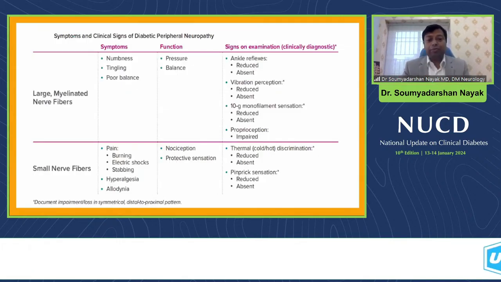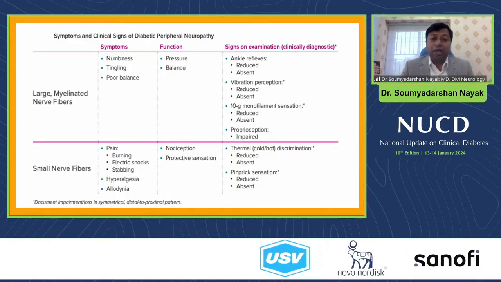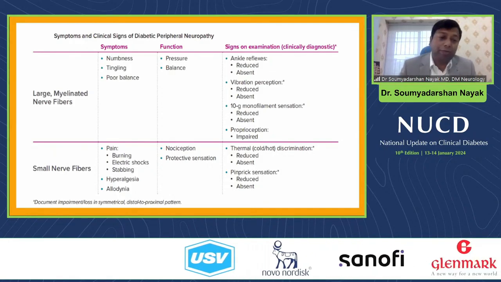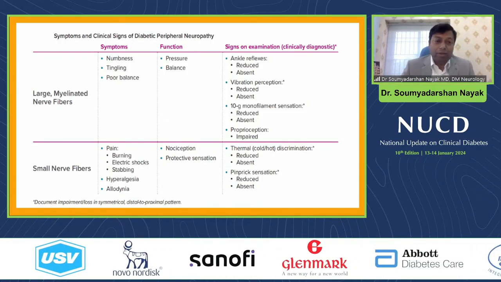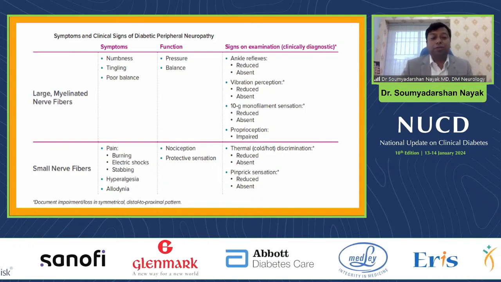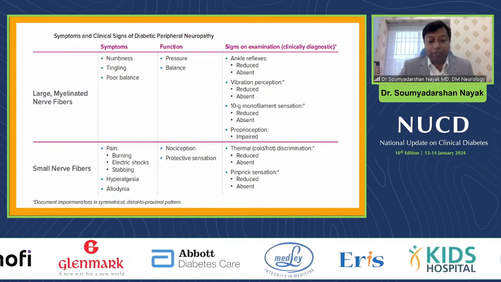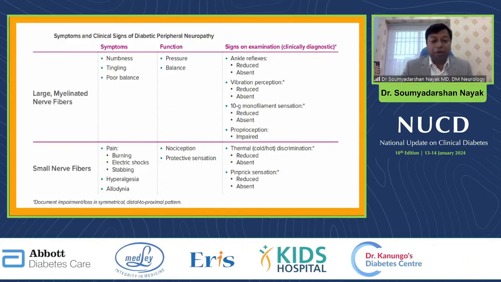Basically, we have two groups of symptoms: those which emanate from the large myelinated nerve fibers and the small nerve fibers. What we commonly see are symptoms from the small nerve fibers, which include some positive and some negative phenomena.